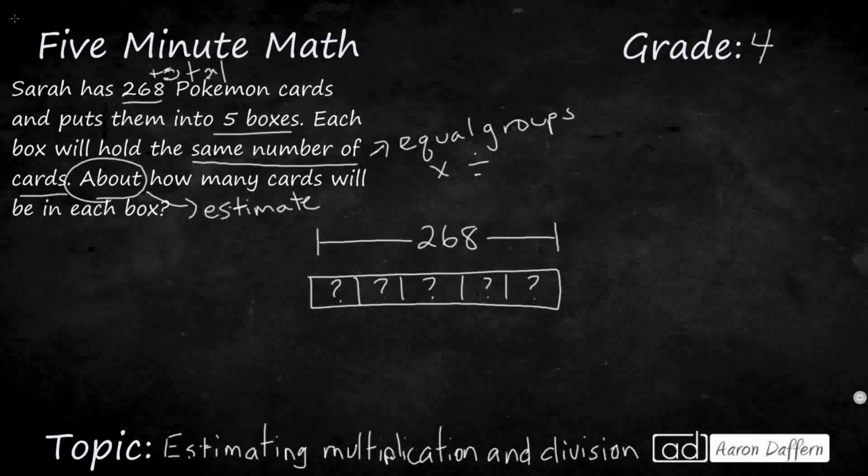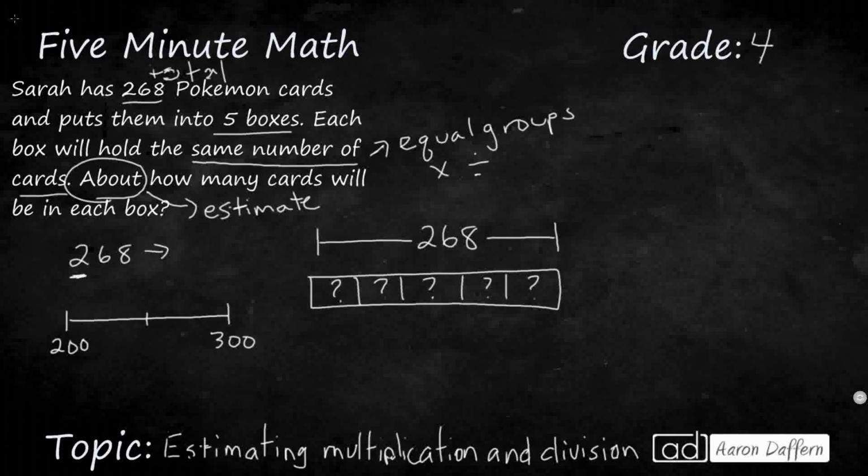It doesn't say. So let's see what happens when we estimate, starting with the largest number, right? So 268, how are we going to round that to the nearest 100? Well, what we're really doing is looking at the two boundary numbers that 268 falls in between on the hundreds. So that's the 200s. The next 100 is going to be 300.